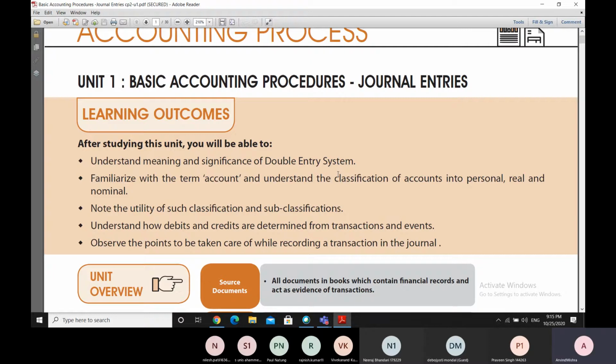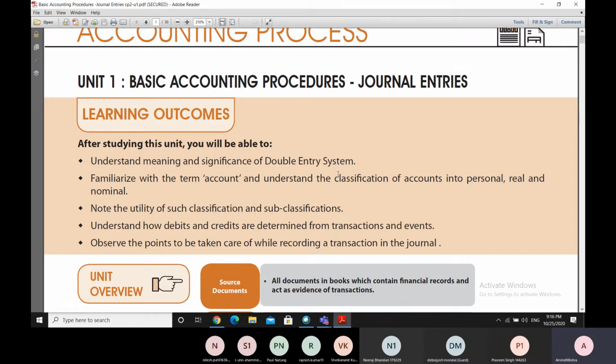And we'll also try to understand the classification of accounts into personal, real, and nominal accounts. We'll also understand why we classify the accounts into personal, real, and nominal. What is the utility of classifying the accounts or subclassifying the accounts?